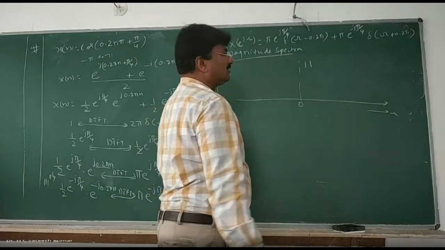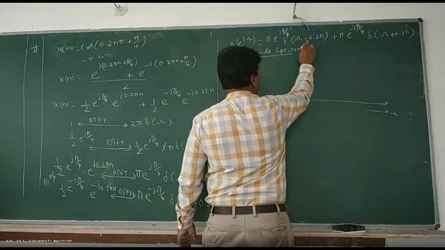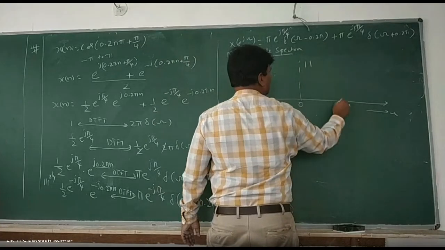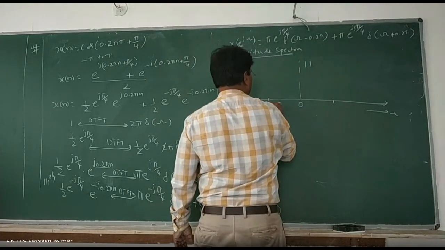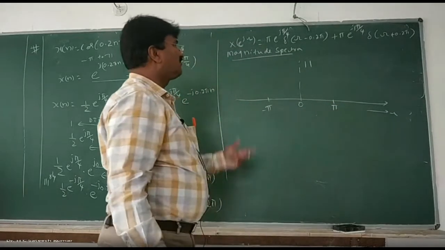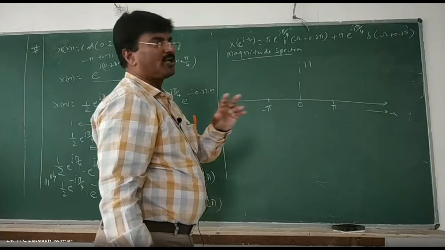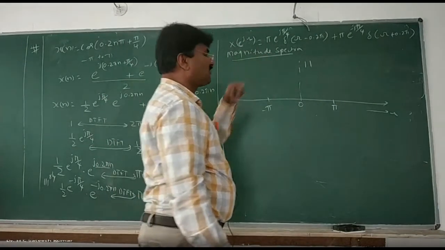What is the magnitude here? Delta, at only one point we have this one. At 0.2 pi, the signal is repeating between where to where? Pi and minus pi. This is minus pi, this is pi. And within that we have the signal only at two frequencies: one at 0.2 pi, another at minus 0.2 pi, because the delta function is there.